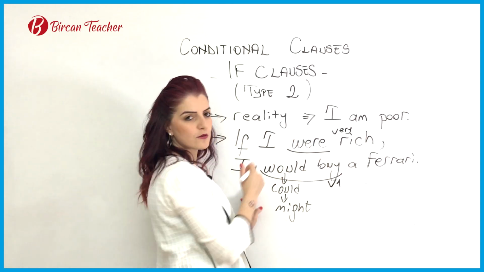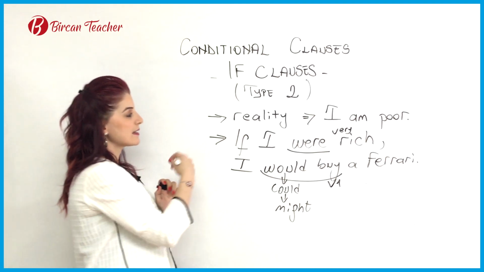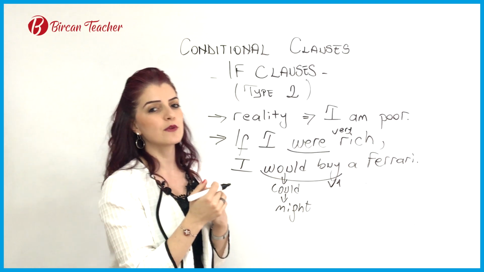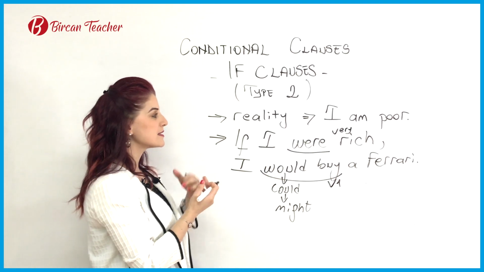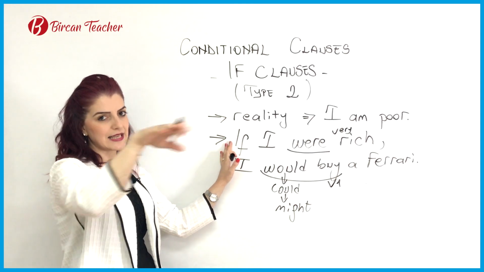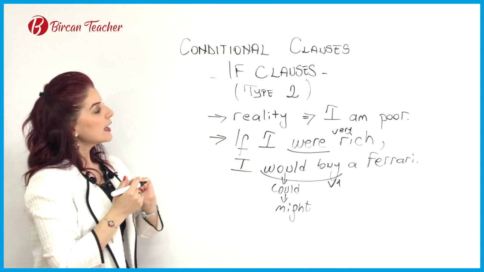Would plus word one. So, in type 2, as I said before, we are imagining, we are giving our maybe future dreams, and this is a kind of reality in our minds, not in this world. This is in my mind.